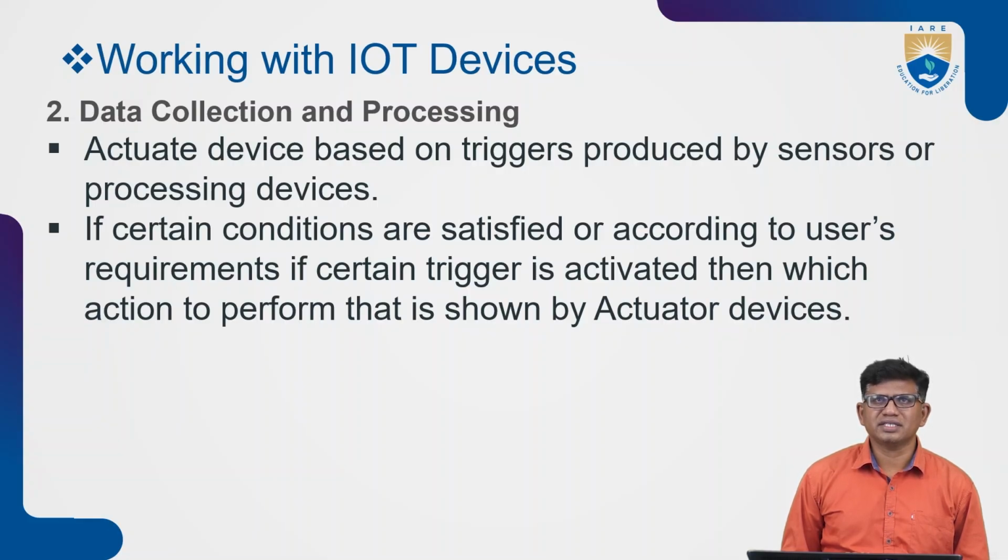If certain conditions are satisfied according to user requirements, or a certain trigger is activated, then the action to perform is shown by the actuator devices. The actuator activates the devices, and the inputs for this actuator may be sensors or the processing device.